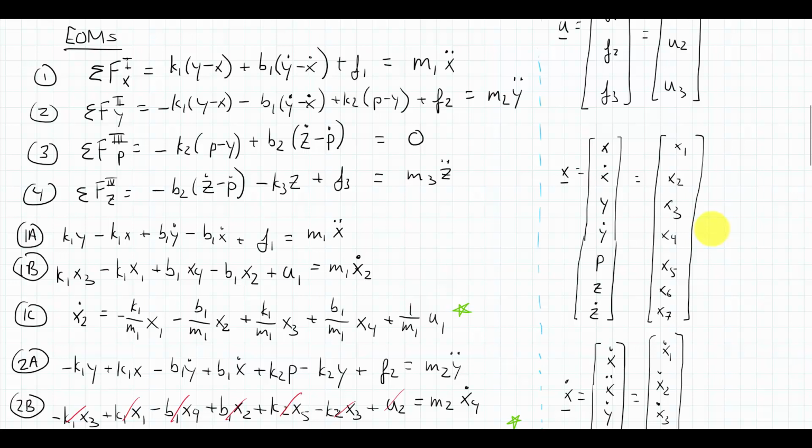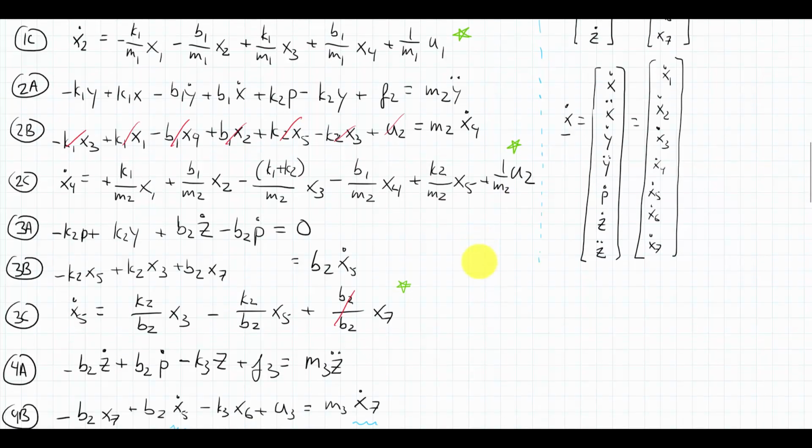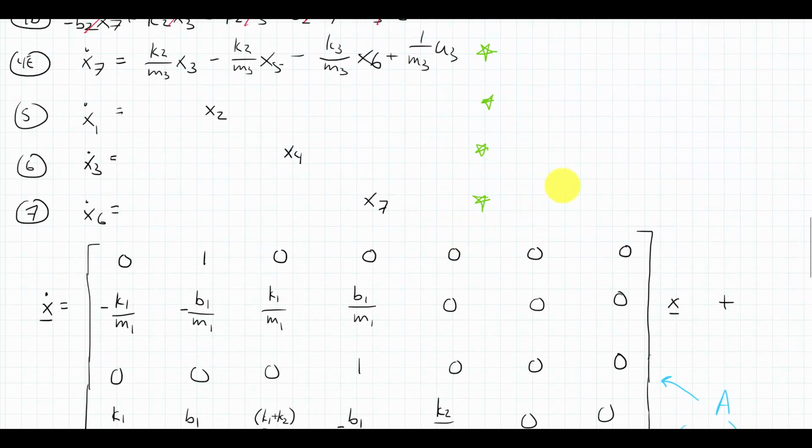Since x1 and x2, we have to tell the system they are related. x2 is the derivative of x1. The same idea for x4 and x3, and x6 and x7, or x7 is the derivative of x6. So that's what the mapping equations are establishing, that they are state variables that have a dependence on each other, or their derivatives have a dependence.